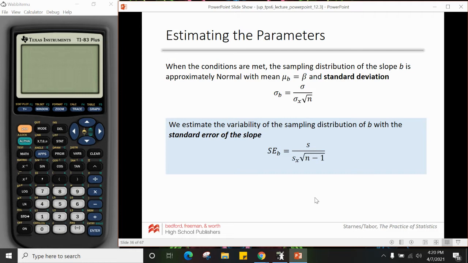So standard error is s over s_x times the square root of n minus 1. That n minus 1 is used since we're using a sampling distribution. It's needed in order to keep this accurate. The reason for it is not needed to know in this class. Just know that the standard error here uses n minus 1 instead of 2.